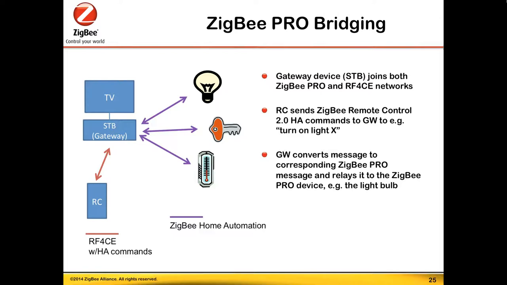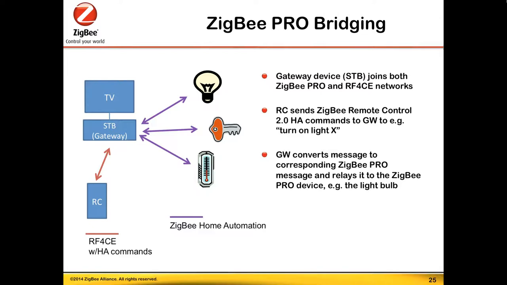There is a gateway device, which would typically reside in a set-top box or a device that has a display connected to it. And this device would have the capability of joining both networks, both the RF4CE network as well as the ZigBee network. And it acts as a gateway to bridge and translate and forward messages between these two networks.